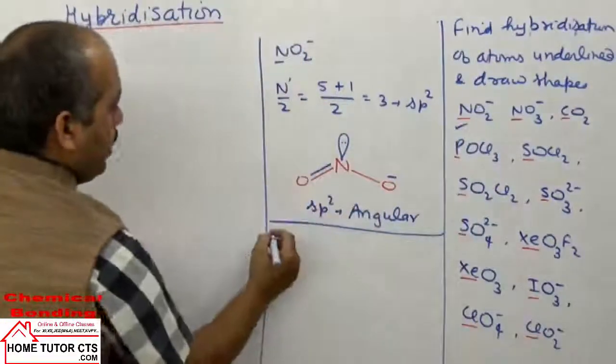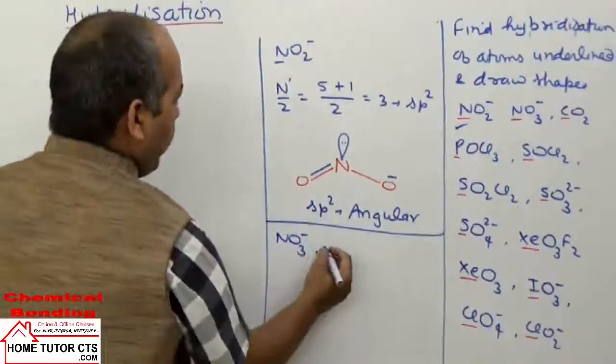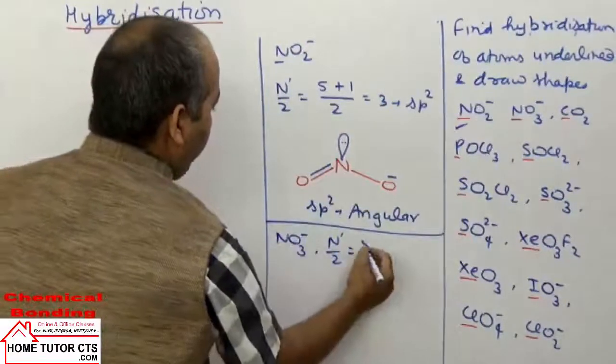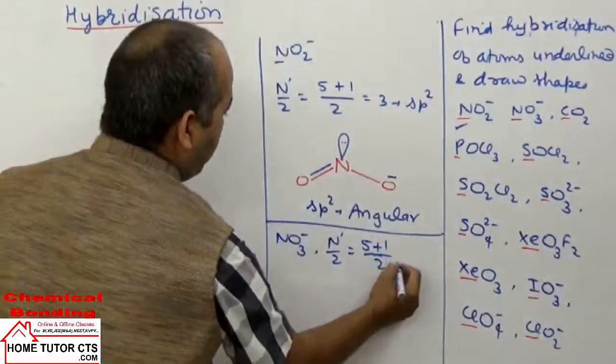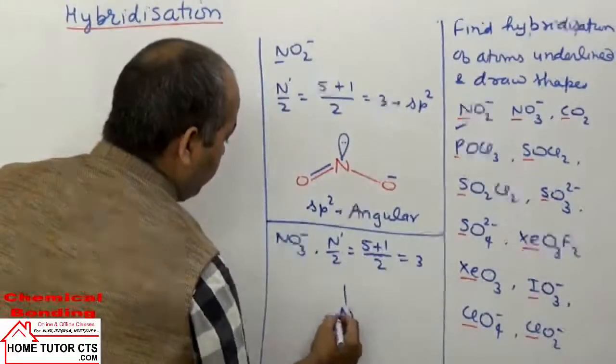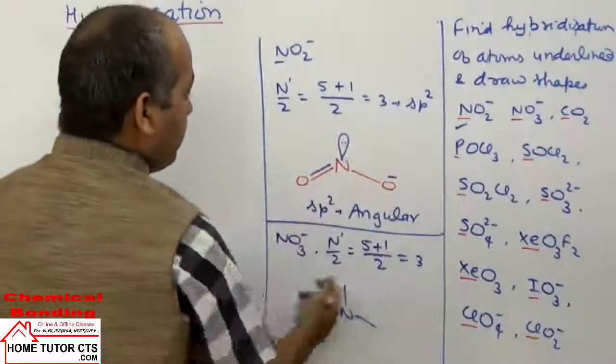Now second, take NO3 minus. Again find the value of N dash by 2: 5 plus 1 by 2, that is 3. 3 means hybridization sp2.